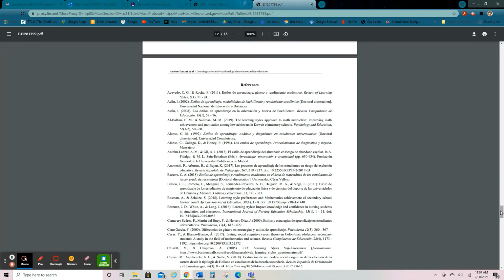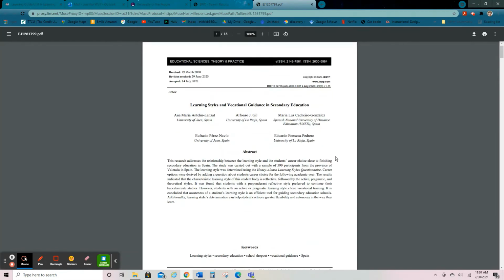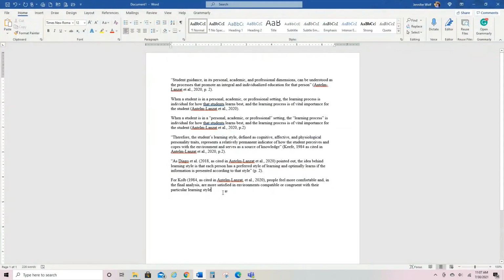Okay, so I'm going to show you how we will format our reference in our paper. Okay, so we have all these authors' names. So here are your references. And you always have a separate page for your references. I'm not going to do that right now, but your references always go on their own page. And like I say, they should be double spaced.